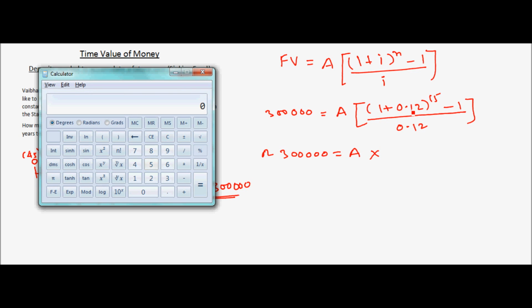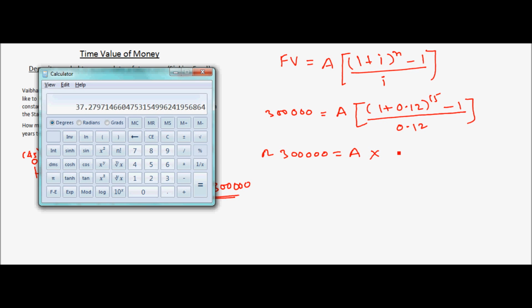So 1 plus 0.12 is 1.12 to the power 15, minus 1, divided by 0.12.